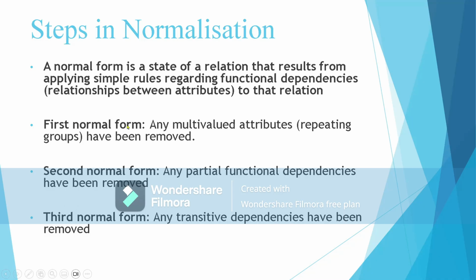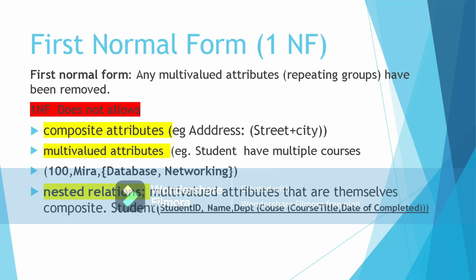In first normal form, multi-valued attributes will be removed. Multi-valued means repeated value. In second normal form, partial dependencies will get removed. In third normal form, transitive dependencies will get removed.